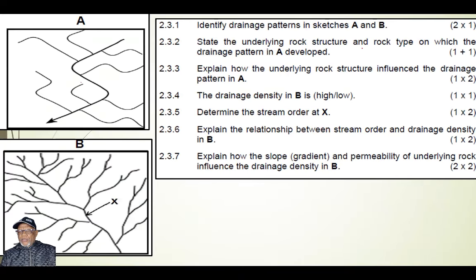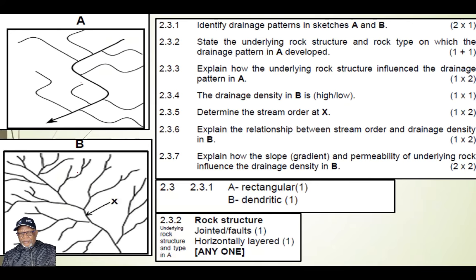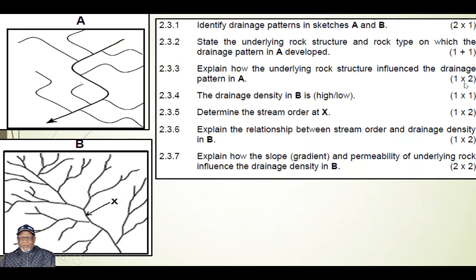State the underlying rock structure and rock type on which drainage pattern A developed. So the underlying rock here is an igneous rock that is jointed. Jointed igneous rock or horizontal layered. Let's continue.